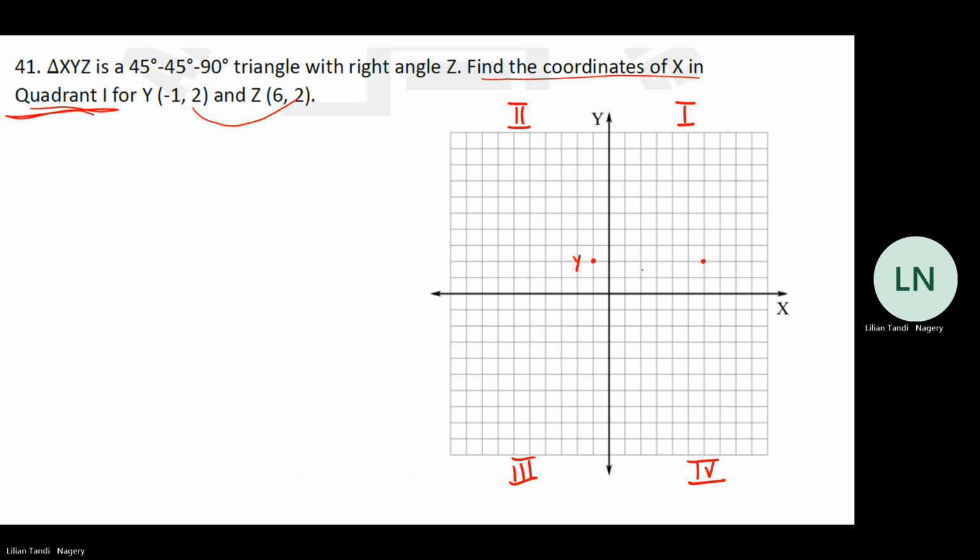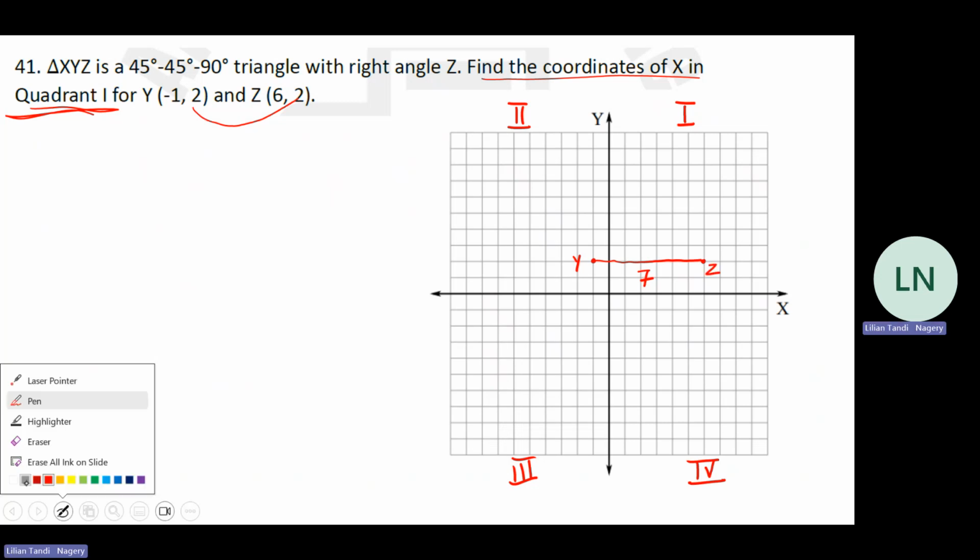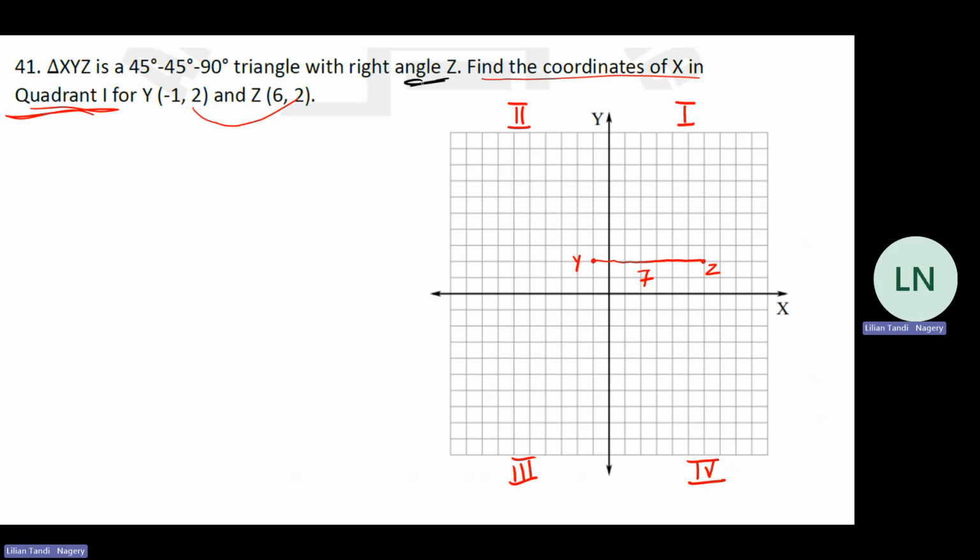Okay? And so therefore, this distance over here is 7 boxes. 1, 2, 3, 4, 5, 6, 7. So this distance here is 7. This is Z. Now, they say the 90-degree angle is at Z, so I will go up to make 90 degrees.